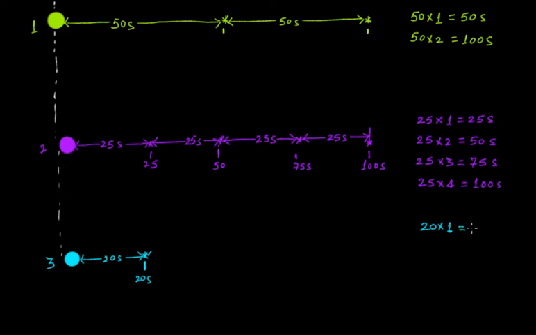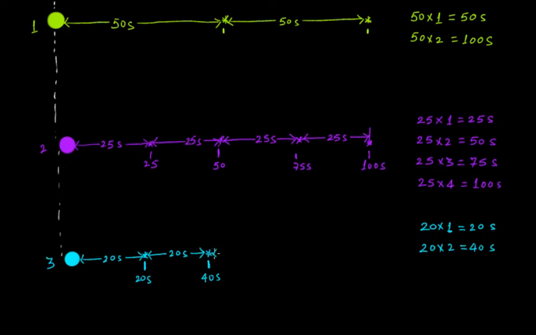At 20 seconds it will change again and remain for another 20 seconds. This position will be 40 seconds, because 20 plus another 20 is 40, that is 20 times 2, 40 seconds.